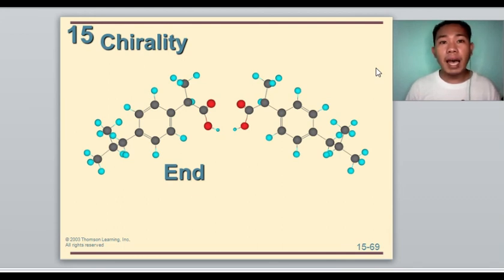Diastereomers are stereoisomers that are not mirror images.